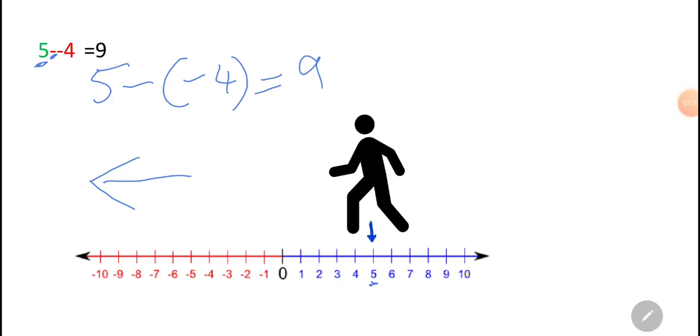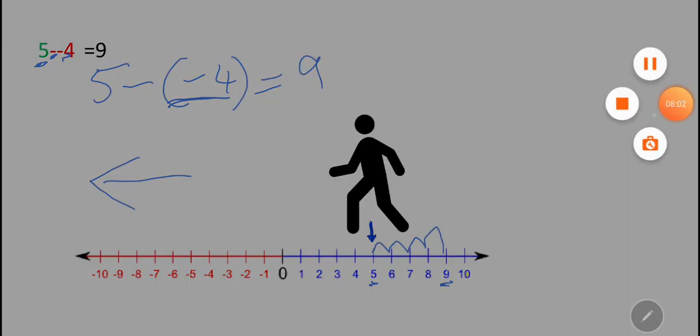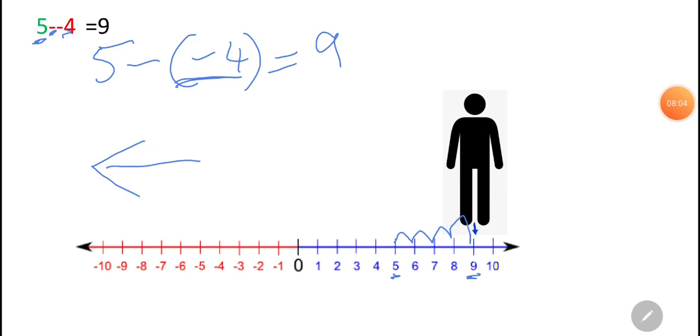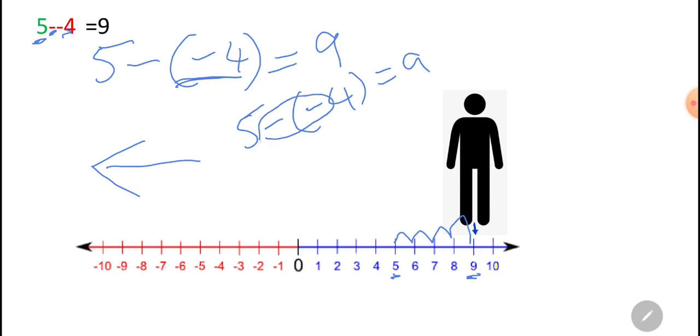And then because of the negative 4, he's going to walk 4 steps backwards: 1, 2, 3, and 4. So he will end up at 9, like this. So that shows that 5 take away negative 4 is equal to 9. And some people like to think, because the two negatives are side by side, of it as 5 add 4 is equal to 9.